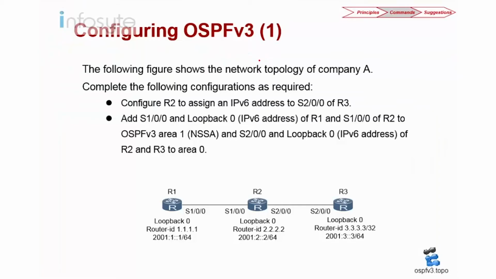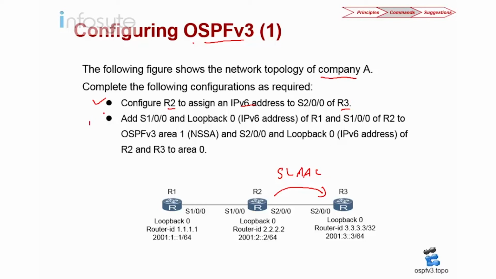Right, so it's time for us to look into the OSPF version 3. So again, we have a company A, and these are the requirements. First, we have to configure R2 to assign IP address to R3. If you still remember, we are going to use a stateless address auto configuration, or SLAAC.